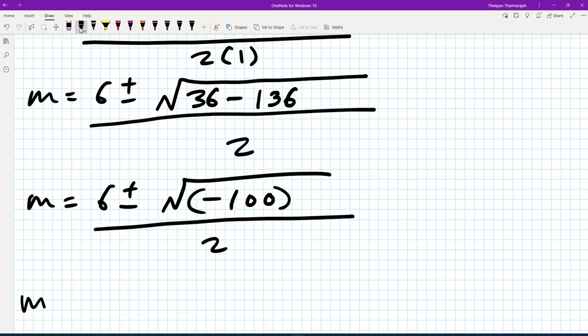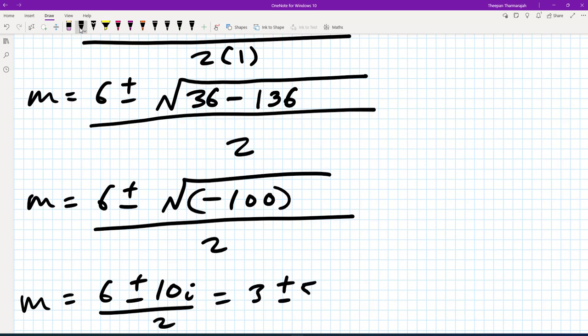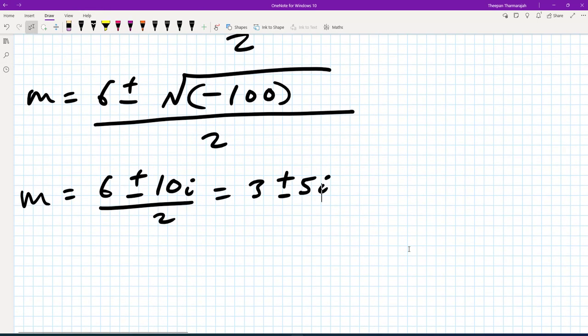Now the square root of minus 100 is simply 10i, over 2, so we get 3 plus or minus 5i. So our solutions are complex. So this is what a is, and this is what b is.